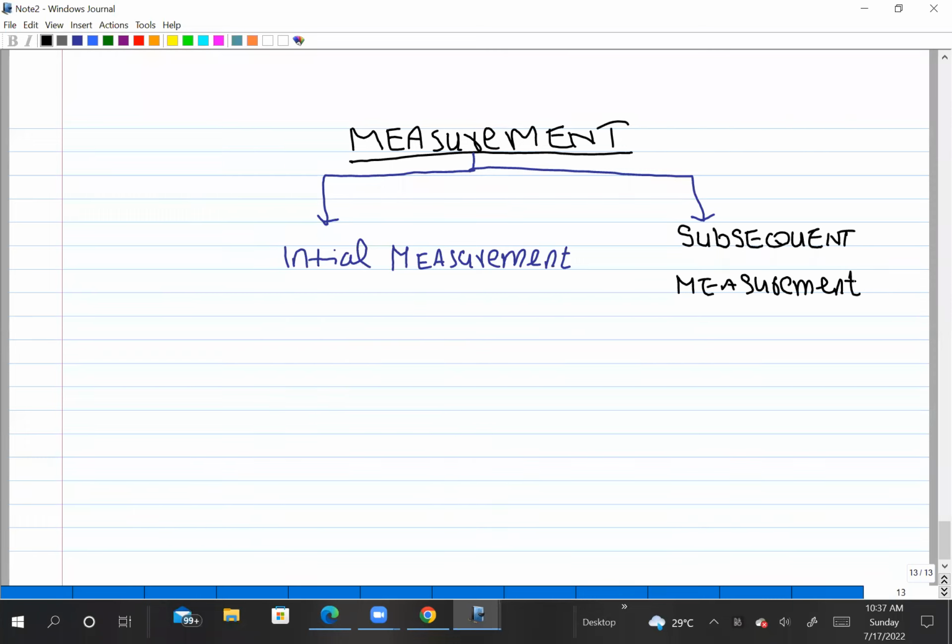First of all, we will discuss the initial measurement. Subsequent measurement will be discussed later on.